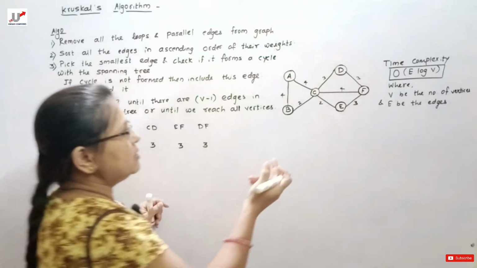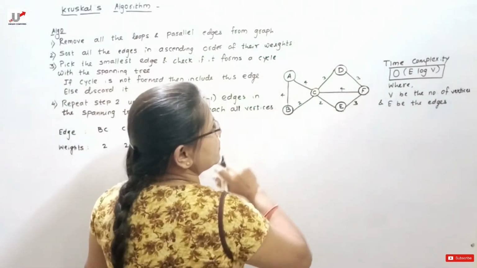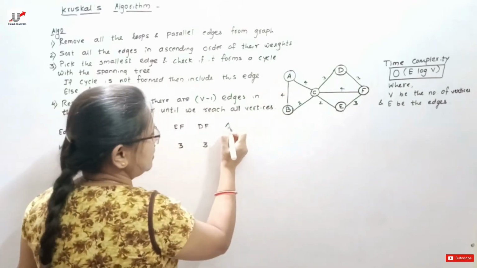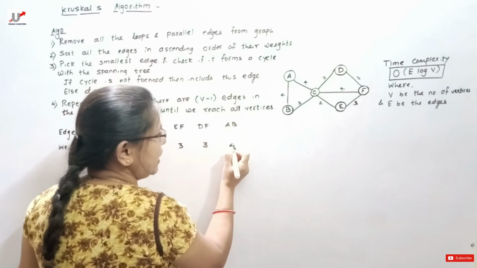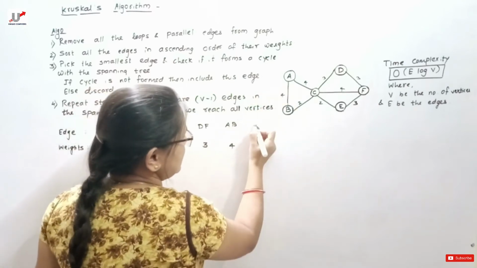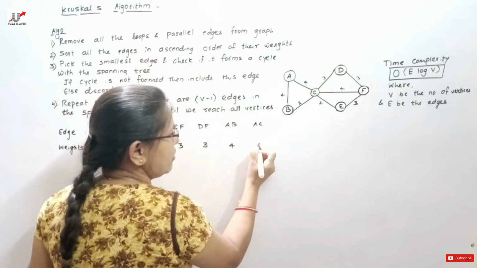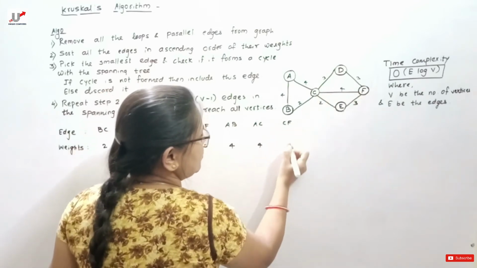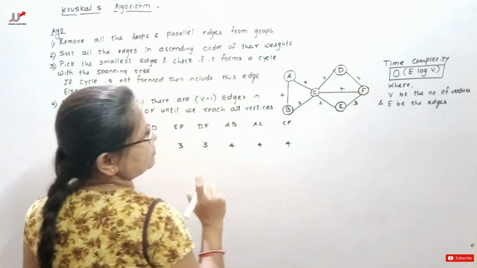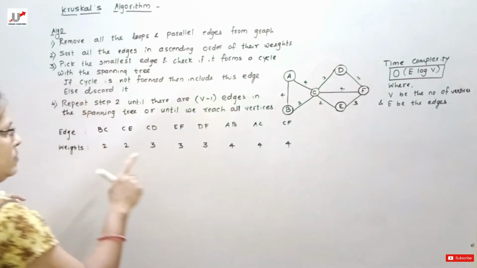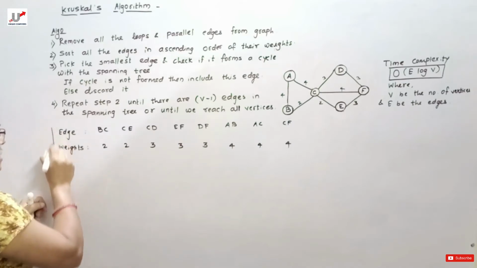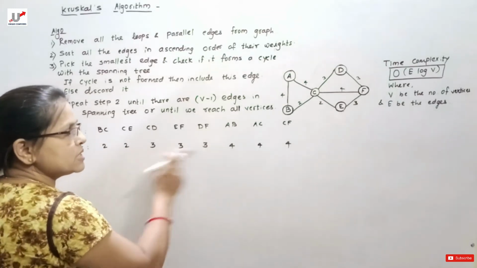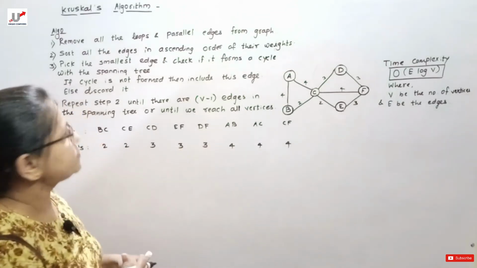Then the next weight is 4: AB having weight 4, then AC having weight 4, and next is CF having weight 4. Using this chart, we arranged all the edges according to their weights in ascending order.